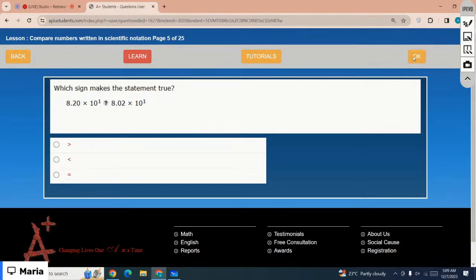Okay, the next one is 8.20 times 10 exponent 1, and you have to compare it to 8.02 times 10 exponent 1. So which is the correct option?